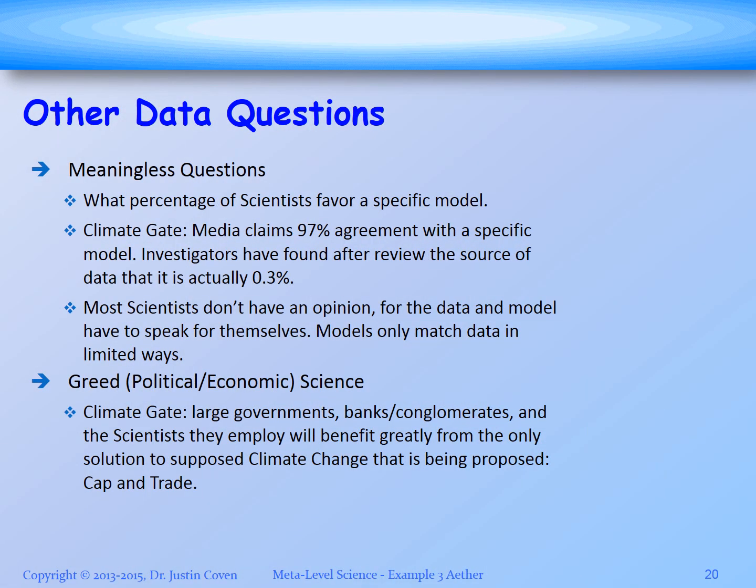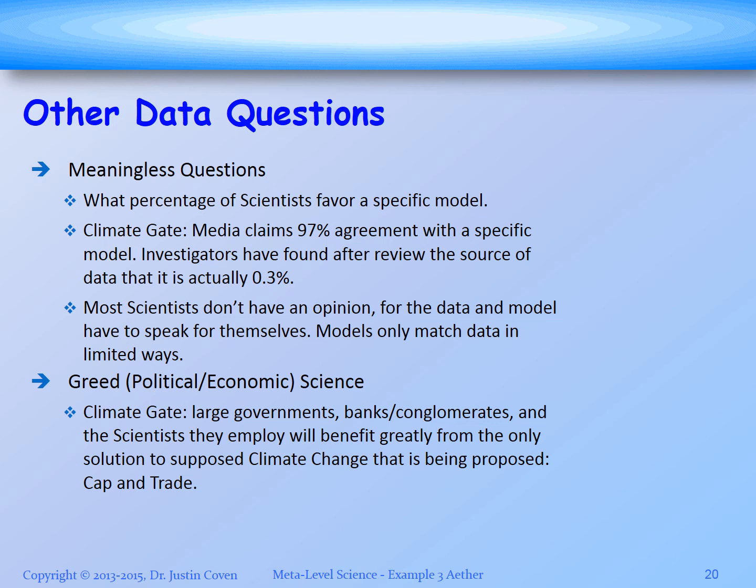Other data questions. Meaningless questions. What percentage of scientists favor a specific model? Inconsequential. All you need is one scientist. You don't even need any scientists. All you need is the data and the models. ClimateGate. The media claims there's a 97% agreement with a specific model.